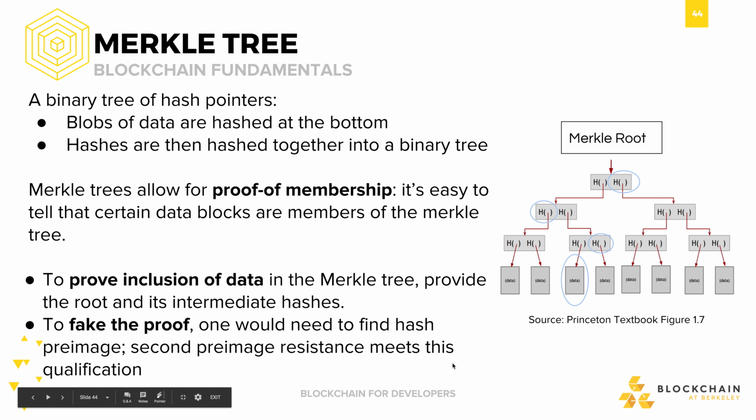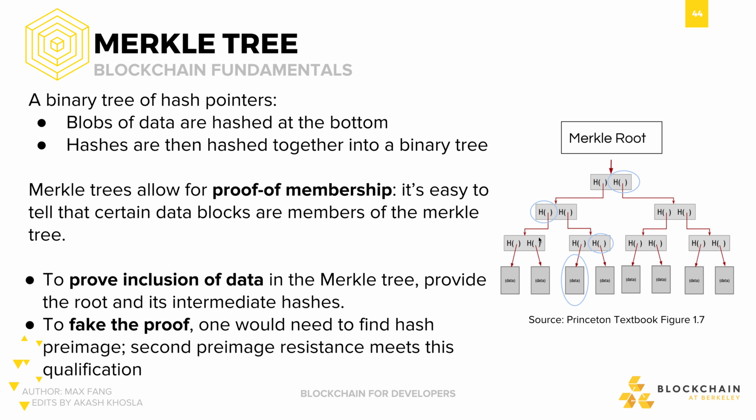So another important fundamental concept: the Merkle tree. It's a binary tree of hash pointers. You see there are blobs of data at the bottom. Then they're hashed together in the parent. This diagram is maybe a little more complicated than it should be. You can think of the data just being hashed before it goes into its parent.